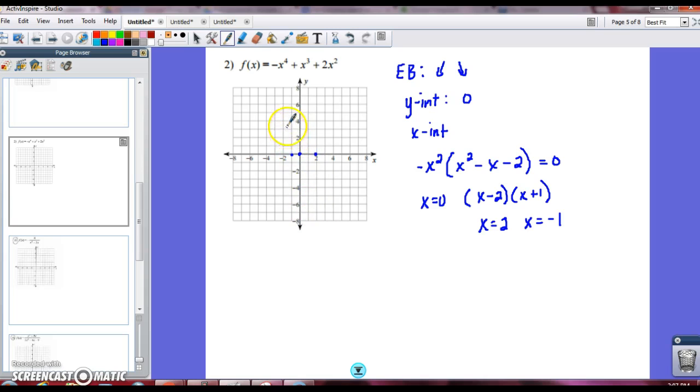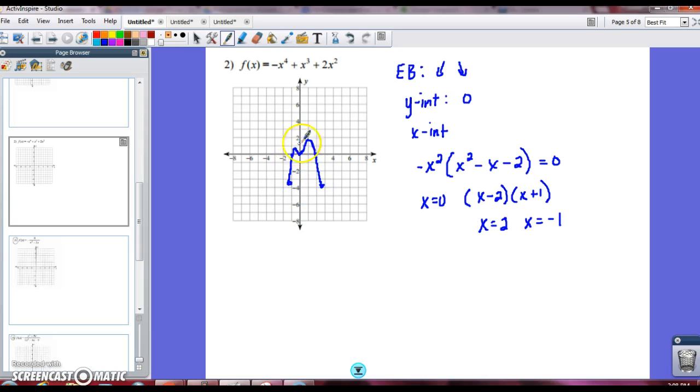And I know that the ends of my graph are down, which means that my graph is going to come up here, through here, then it's going to come back. And because it has a multiplicity of 2 at 0, it's going to turn, and then it's going to come back down.